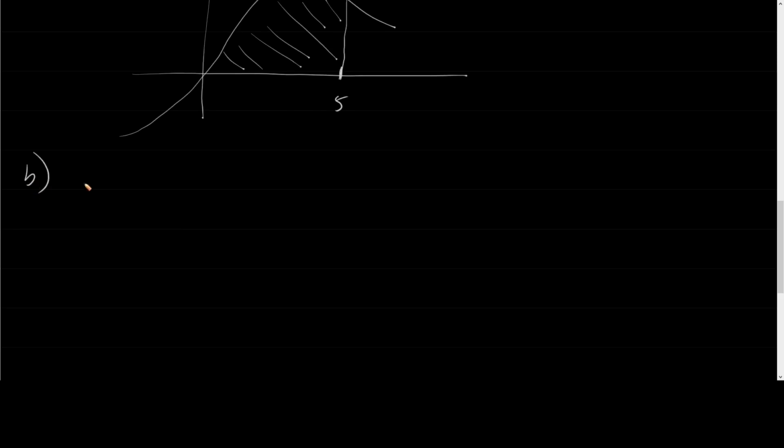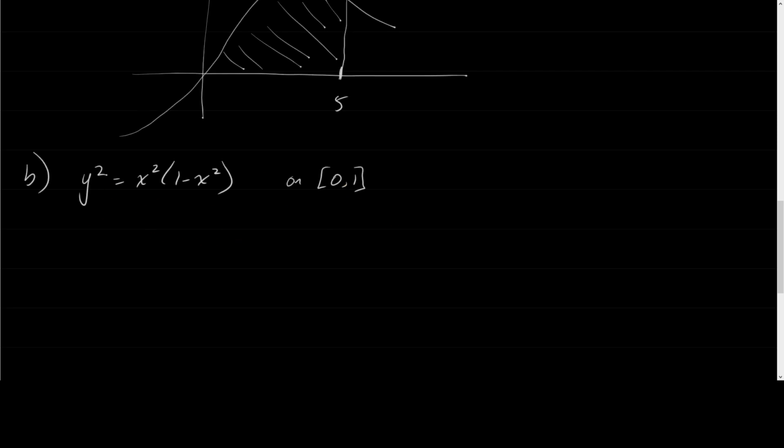Let's say that I had the following. y squared is equal to x squared times 1 minus x squared. And we're going to do this from 0 to 1. All right. So let's see what we get here.